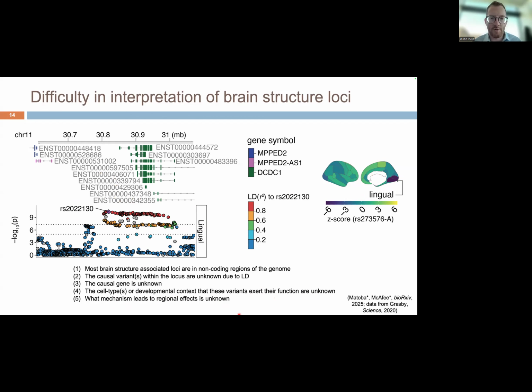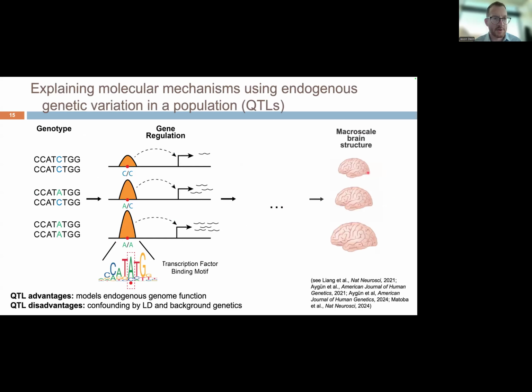So I'm going to go over some of how our lab is trying to explain those mechanisms. Because most of these variants lie in the non-coding genome, we often think that they have gene regulatory potential. That is, genetic variants tune the switches that turn on or off gene expression. So how do they do that?